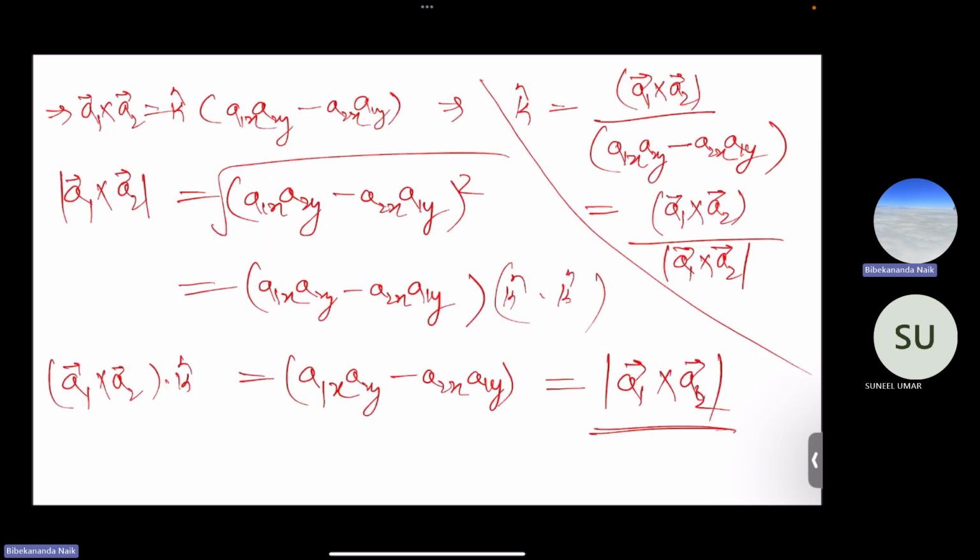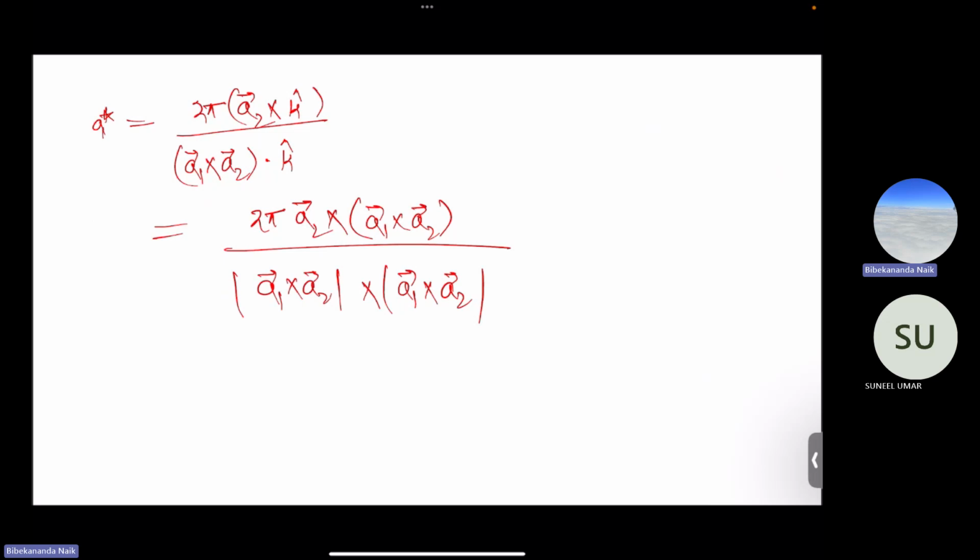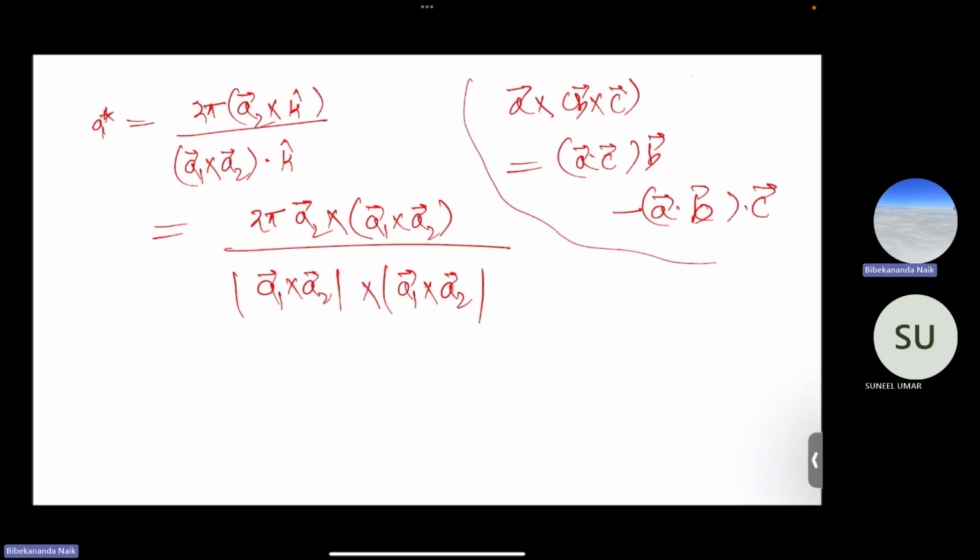So we put this value of k cap here. Now we know a vector cross b vector cross c vector is (a vector dot c vector) into b vector minus (a vector dot b vector) into c vector. This is the formula from vector algebra.